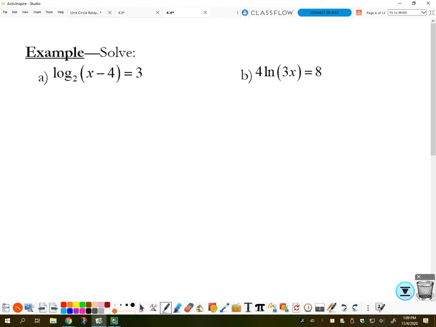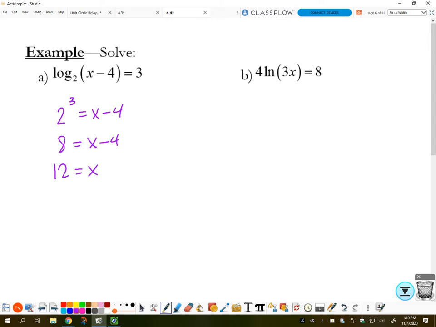Alright, so we only have a single log. So if we write this in exponential form, 2 to the third equals x minus 4. That's something that we know how to solve. 2 to the third is 8. Add the 4, so x is 12. Now when I say check your answer, I just mean mentally make sure that you're not going to get a negative argument.